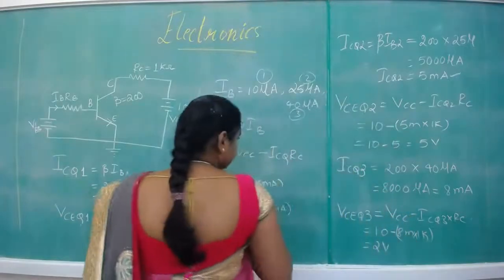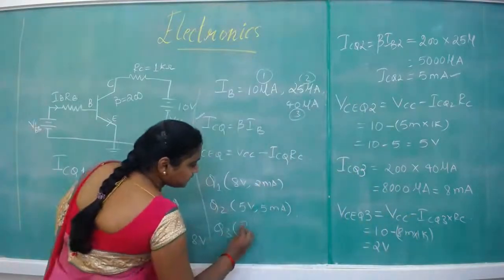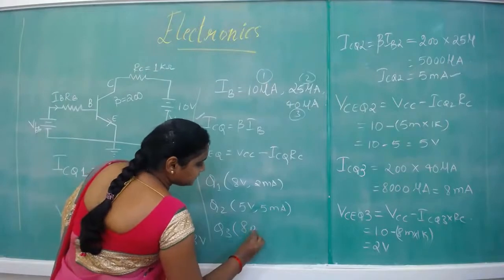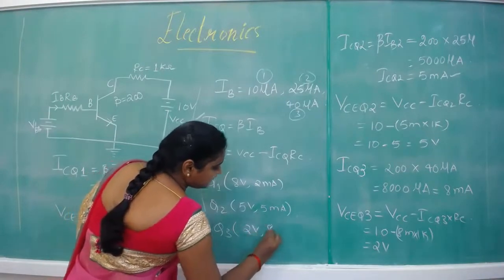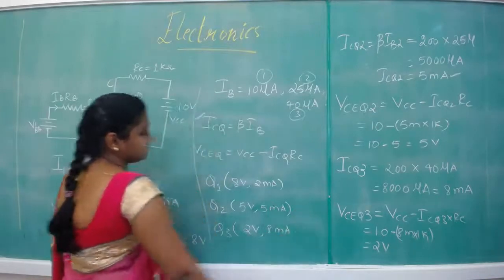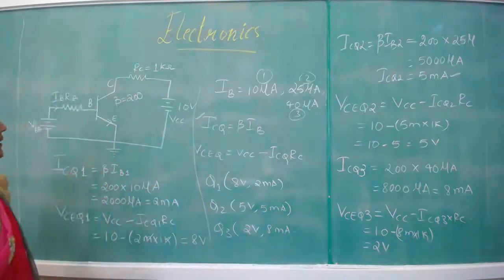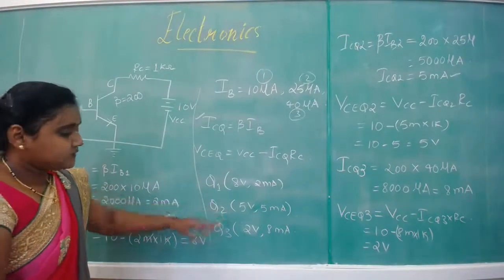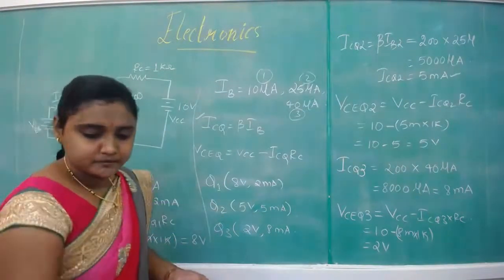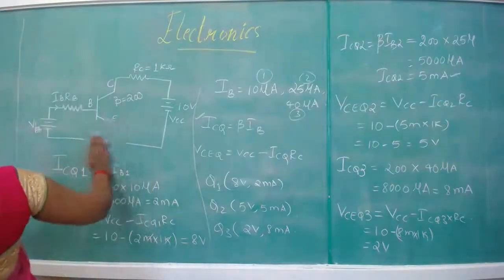So the next coordinates are 2 volts, 8 milliamperes. So these are the three different Q points we are going to get here. Now we are going to plot them on the graph.